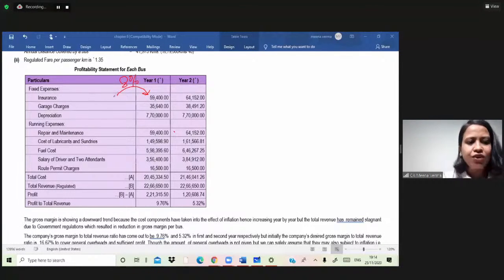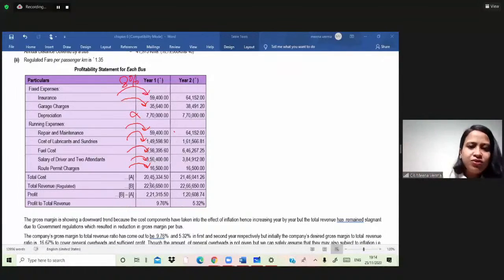We will consider that for the insurance, for the garage charges, but not for the depreciation. This will remain the same. We will consider 8% inflation for the repair and maintenance, for lubricants and sundries, for fuel cost, salary of driver and two attendants, and route permit charges.